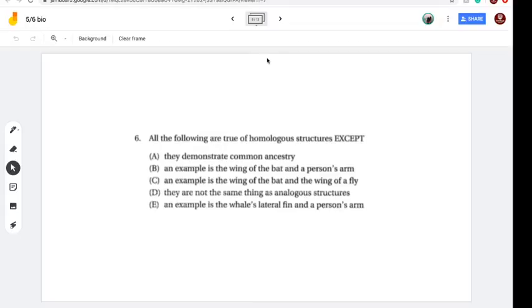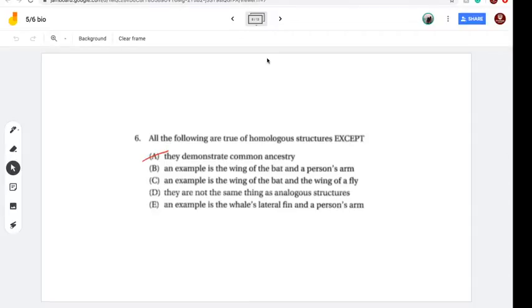Although the wing of a bat and a fly's wing have the same function, they are not alike structurally. So those are called analogous structures, not homologous. They do not demonstrate a common ancestry and are evidence of convergent evolution. Homologous structures demonstrate common ancestry, so we have to take that out.